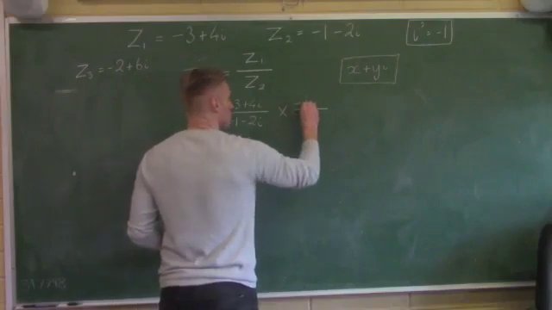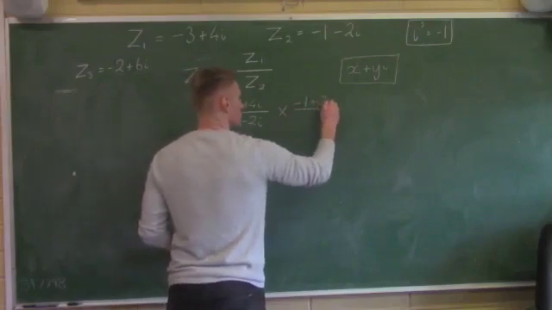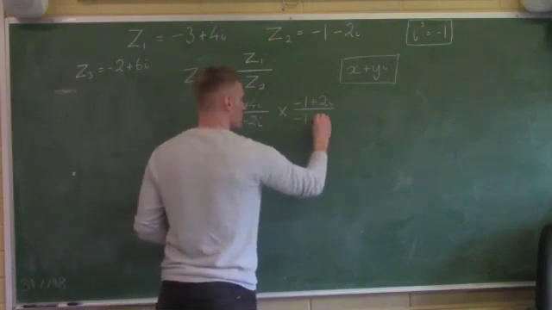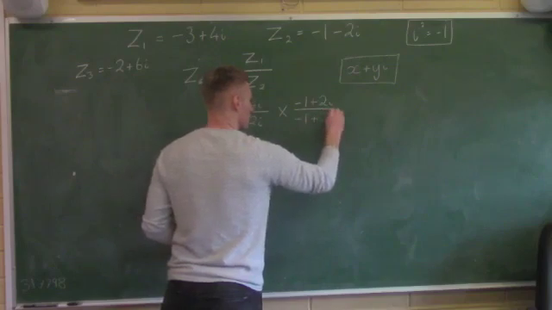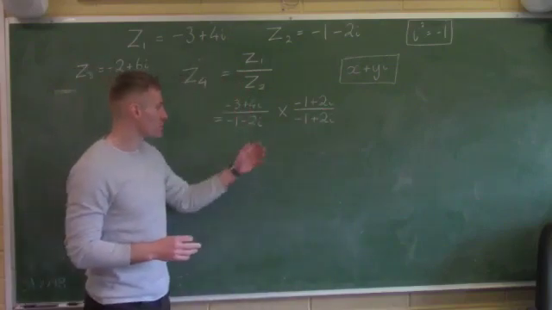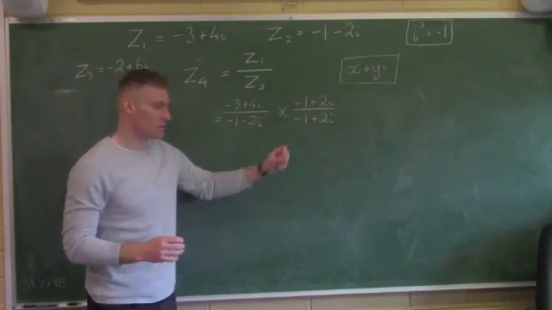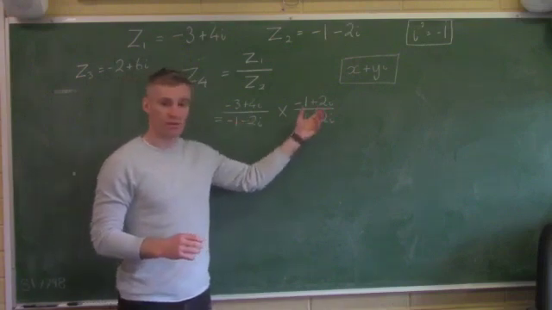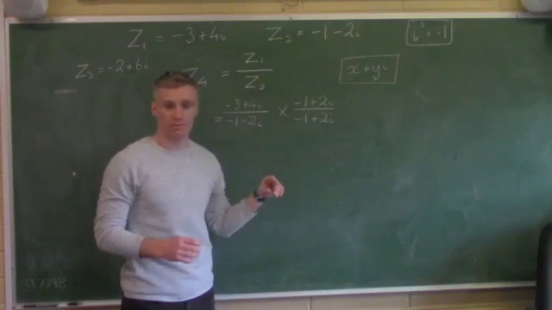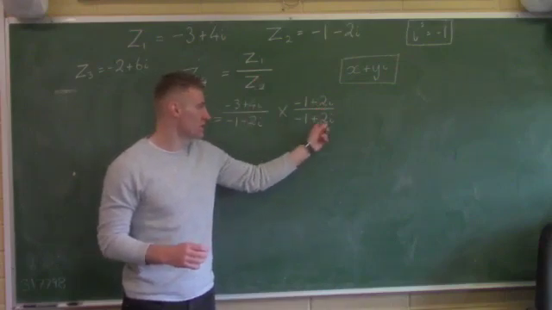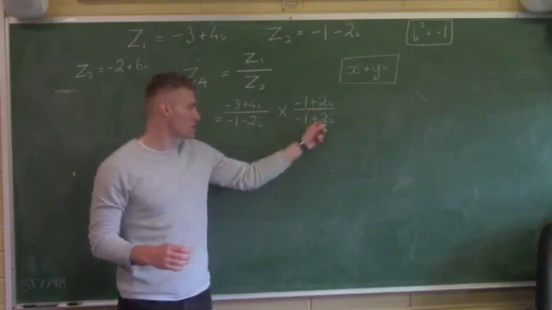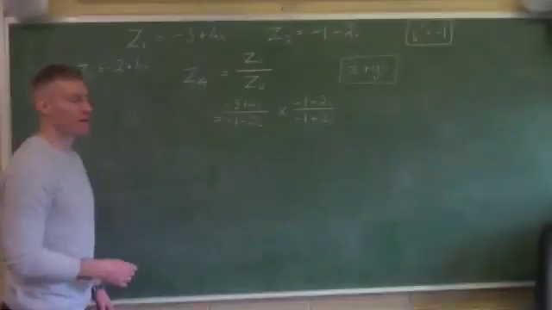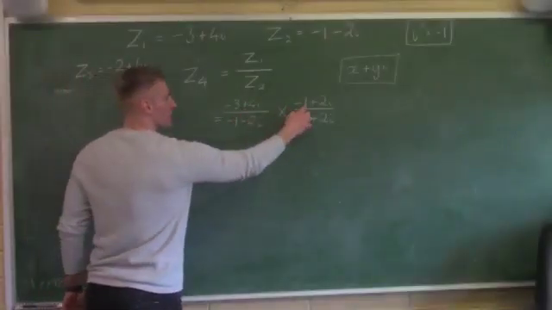So minus 1 plus 2i on the top, and on the bottom minus 1 plus 2i. So my sum is staying balanced because I'm doing the very same to the top as I am to the bottom, and whatever's on the bottom we multiply by the conjugate. Remember back to part A, what we did in part A. Changing the sign of the imaginary part. It was negative, we change it to positive. Notice minus 1 stays as minus 1. So now we're going to multiply top by top.